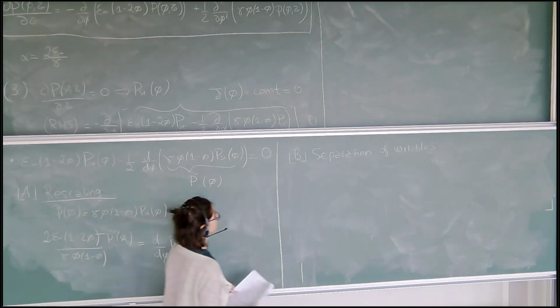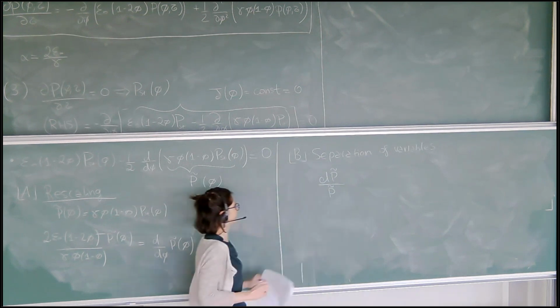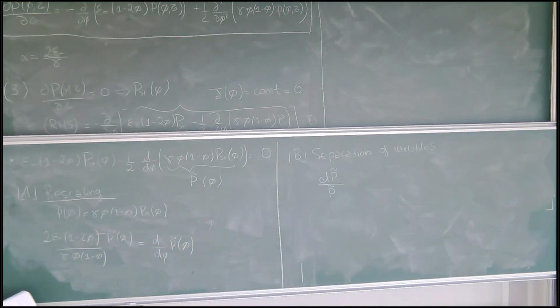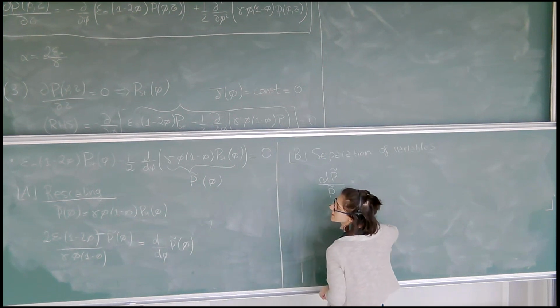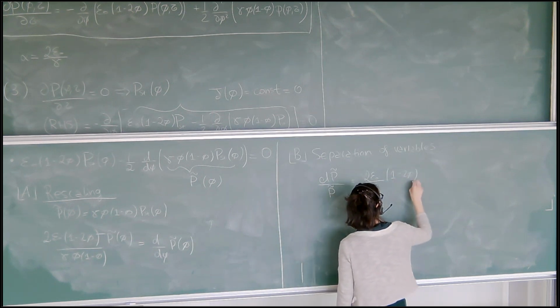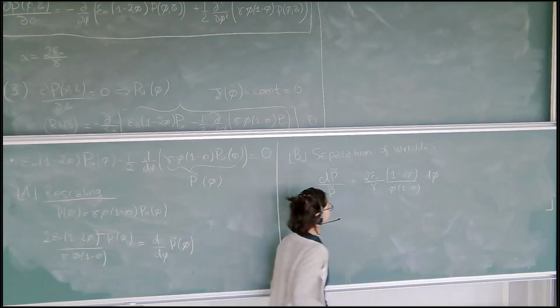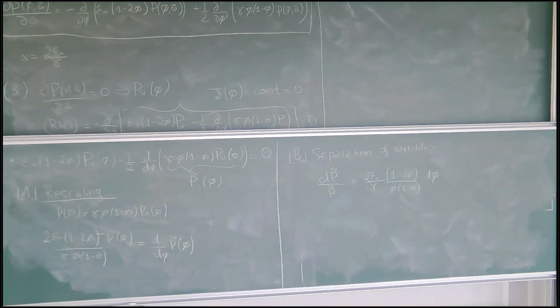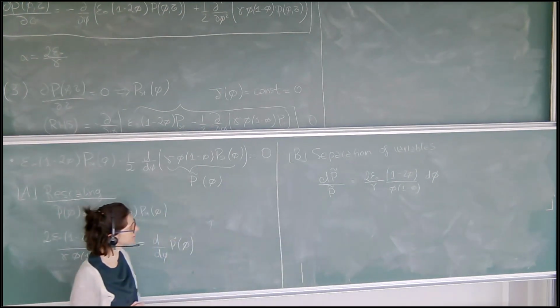Or if you want, I rewrite this equation in differential form. If you are sloppy, it means that you take this d phi and you bring it on the other side. But in differential form, you see that this is equal to 2 epsilon 0 over gamma, 1 minus 2 phi over phi 1 minus phi, times d phi. So everything you have on the right depends on phi, everything you have on the left depends on p tilde.